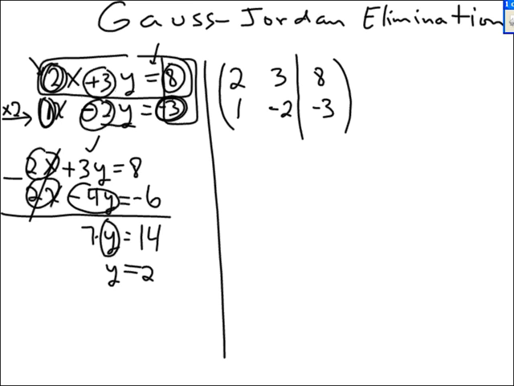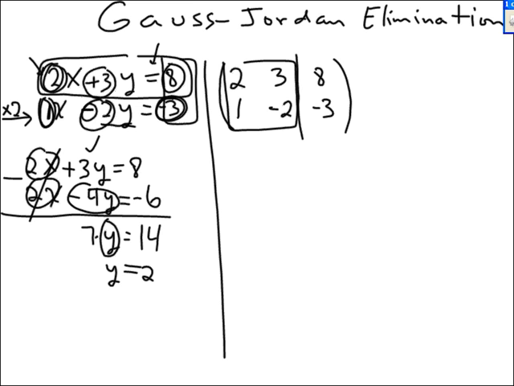Now, the right-hand side, we don't worry about. Everything else, that is, these numbers, we want to get into RREF form. But whatever we do to row 1, we also do to the right-hand side, to the 8. Whatever we do to row 2, we also do to negative 3.